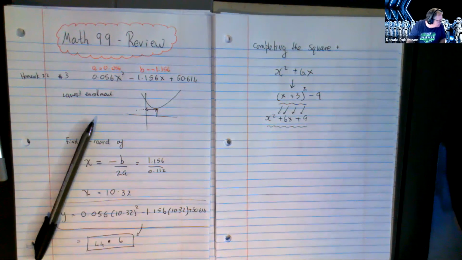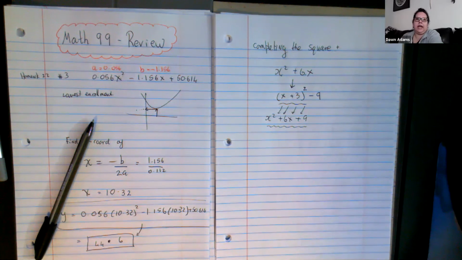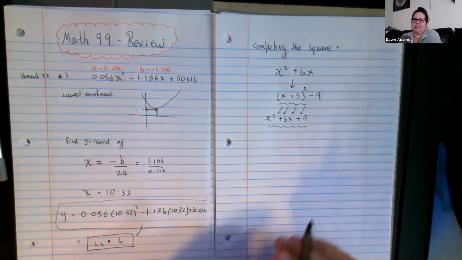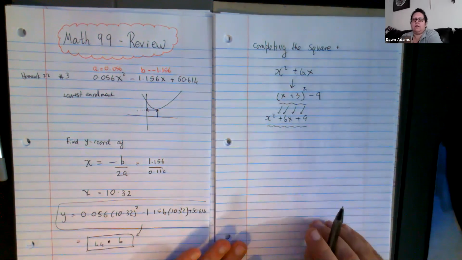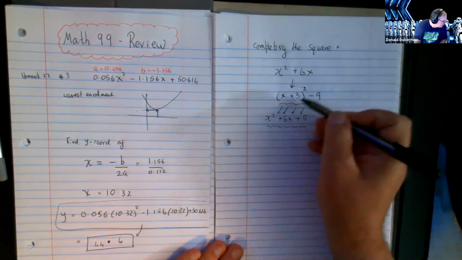I can double check on that. Completing the square is homework 19. Yeah, I kept trying to put in the -9, and you're right, they didn't care about it. They just wanted this bit, x plus 3.